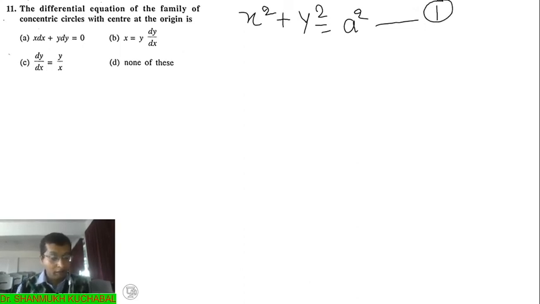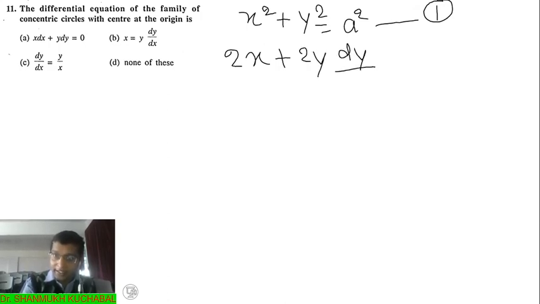Now we will differentiate this. The differentiation of x square is 2x, and of y square is 2y. Y is a dependent variable, so it is dy by dx. Further, a square is a constant, so its differentiation is 0.